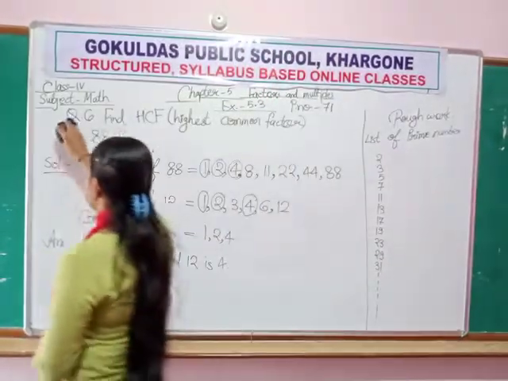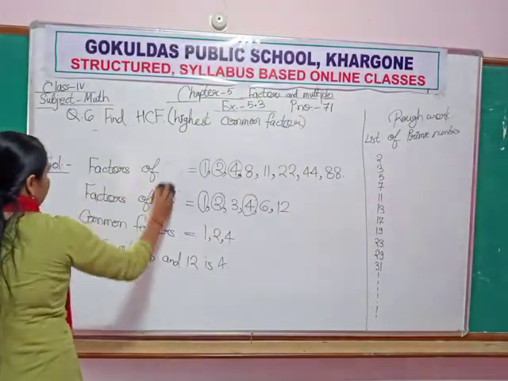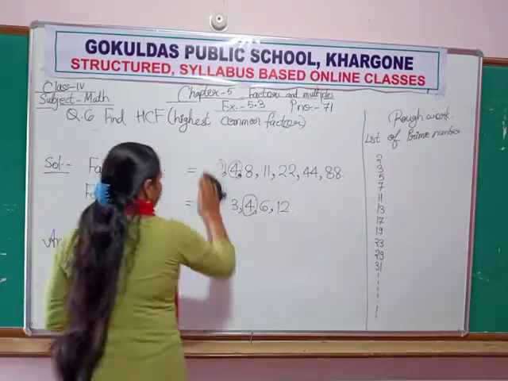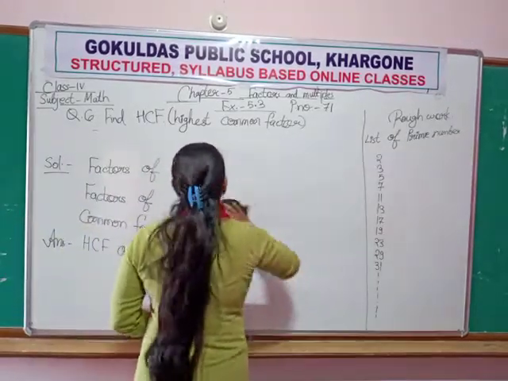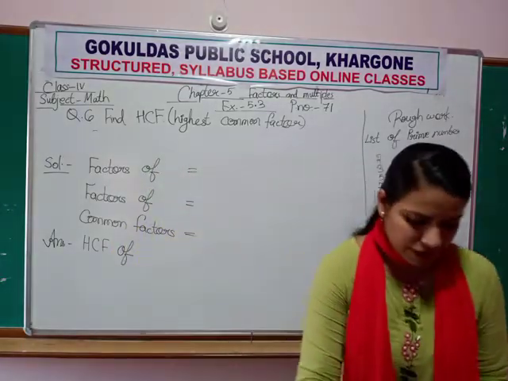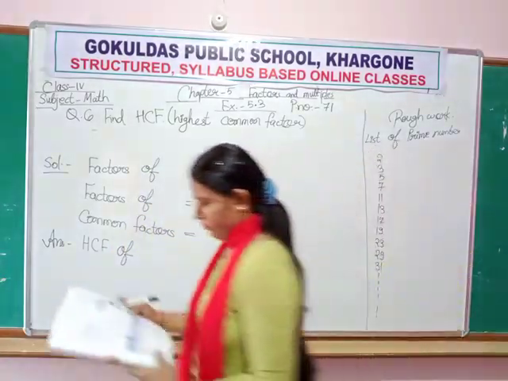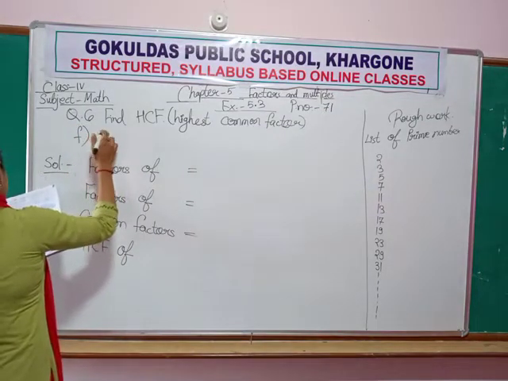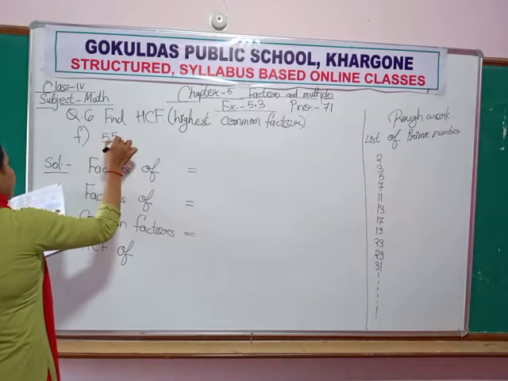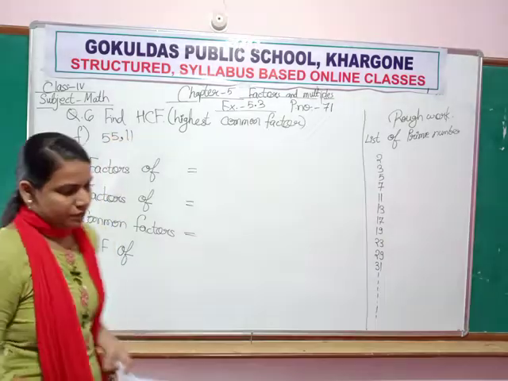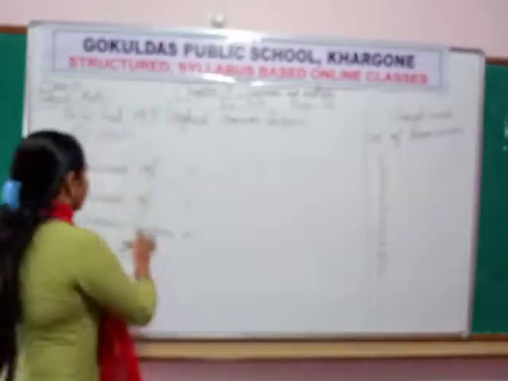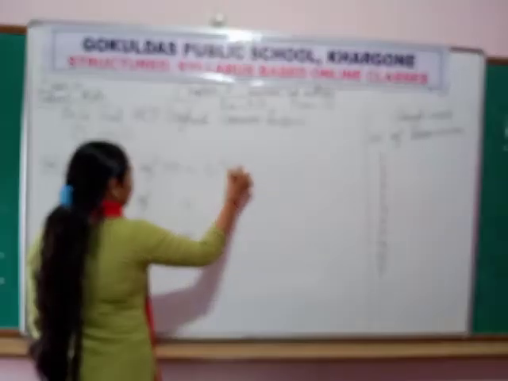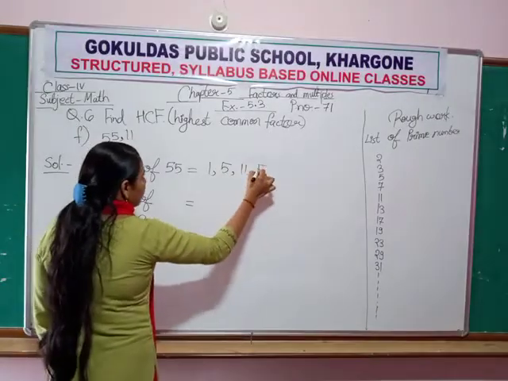Now let us do F. The two numbers given are 55 and 11. Factors of 55 are 1, 5, 11 and 55.